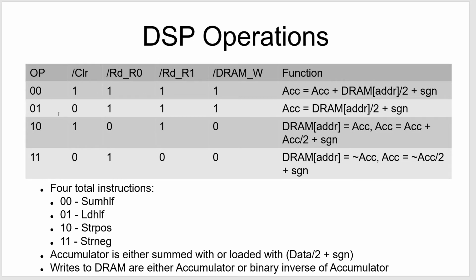The next opcode is 01. What this does is it simply takes the DRAM address and divides it by 2 and does a load. So this is called load by half. This is usually the first instruction that you do, so you have to get data from somewhere. The algorithms have a lot of the following.